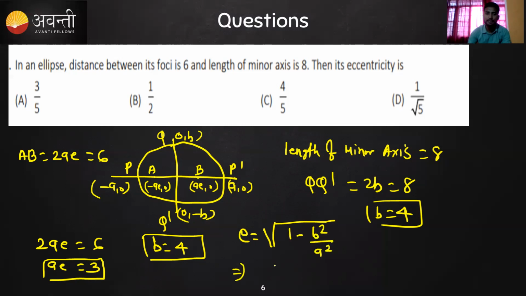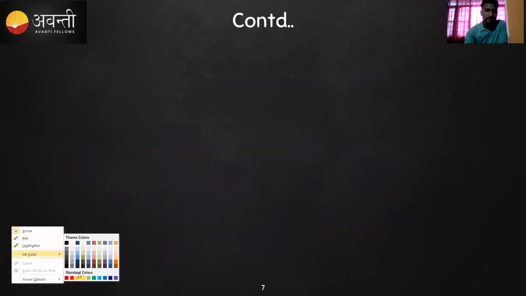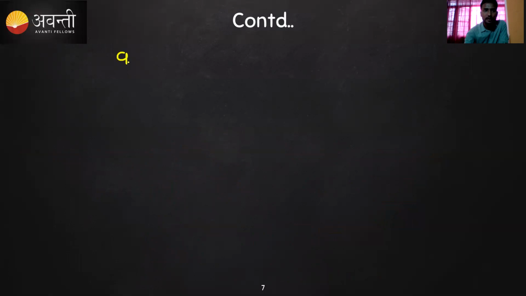Or you can also write ae is equal to root under a square minus b square. We have the ae value and the b value, so with their help we can find this a. So ae is equal to root under a square minus b square, where we already have ae is equal to 3 and b is equal to 4.